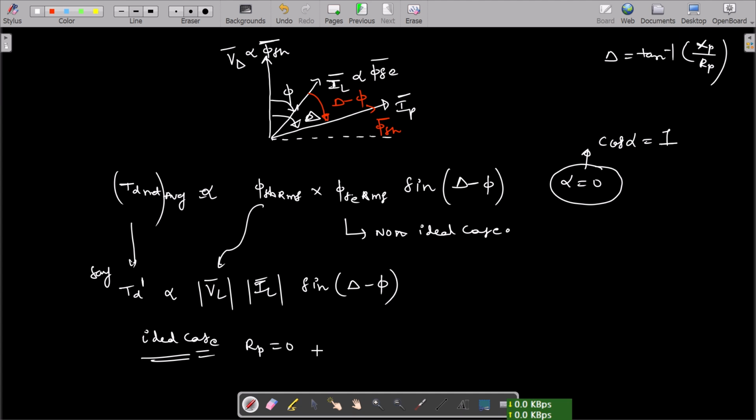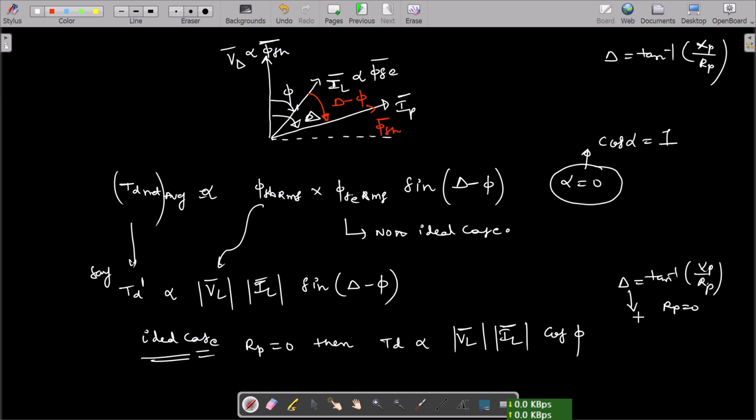If RP is equal to 0, then TD will be proportional to VL IL cos phi, because if RP is equal to 0, then delta, which is tan inverse of XP by RP, will be 90 degrees.